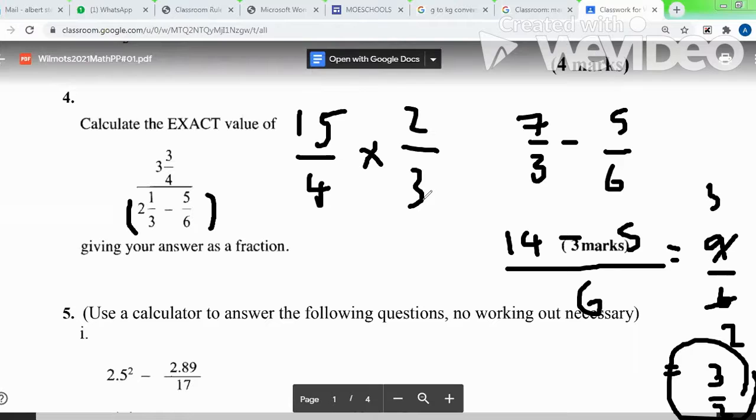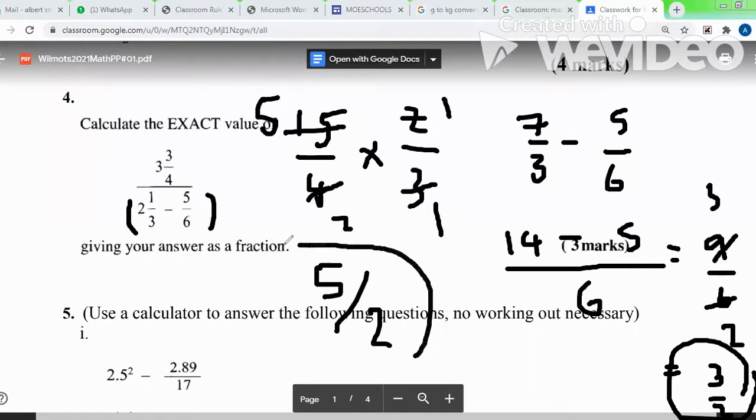Would that be 5 over 2? All right. So 3 into 3 goes 1. 3 into 15 goes 5. And 2 into 4 goes 2. That's right. And then 2 into 2 goes 1. So the answer is just what? 5 over 2.